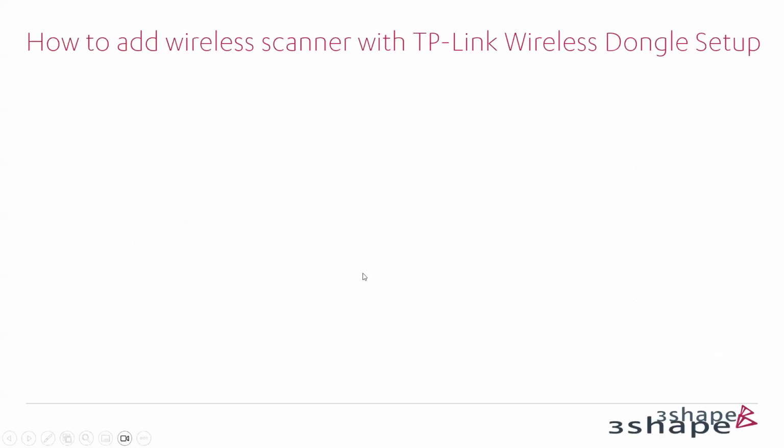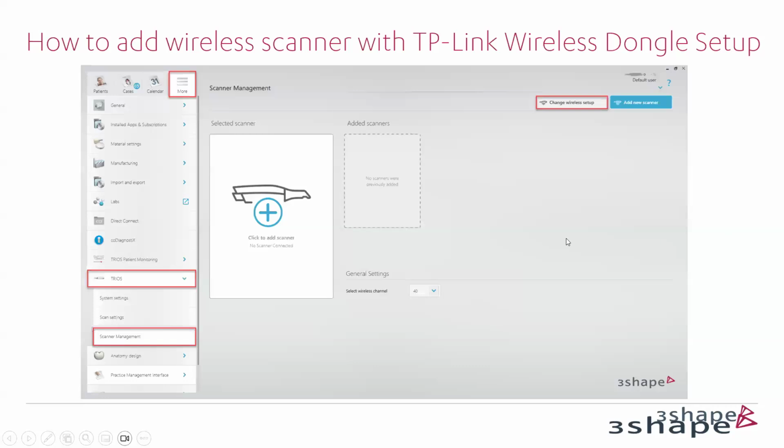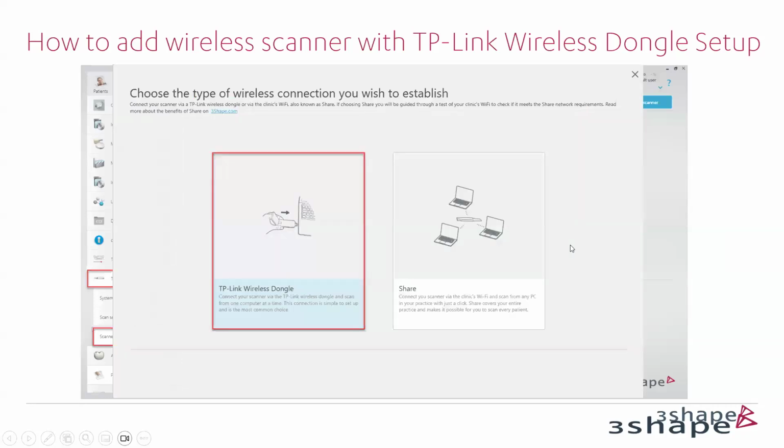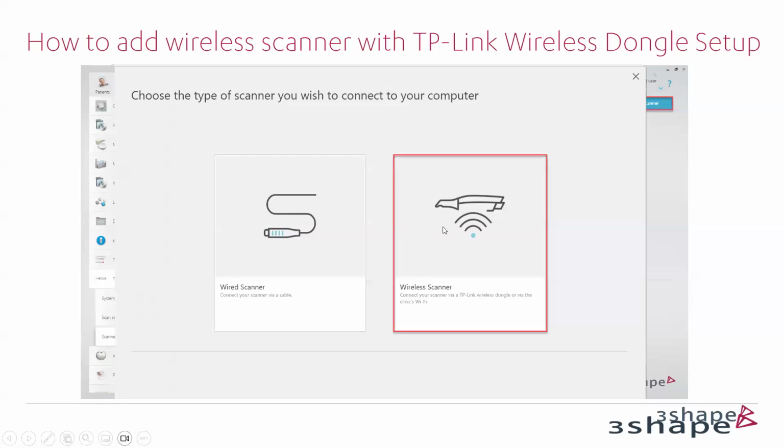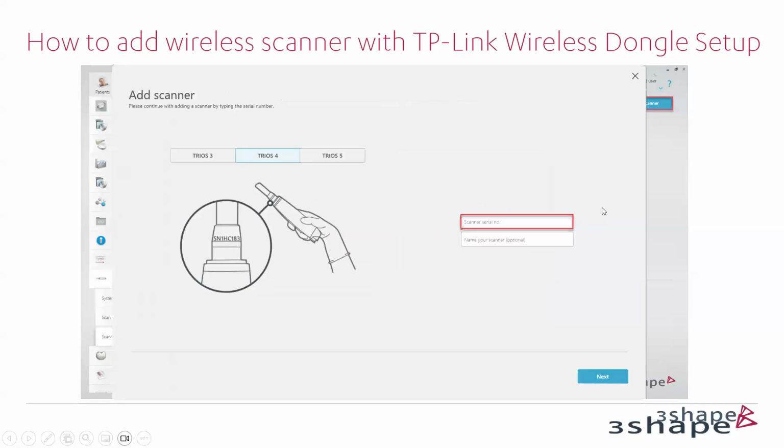This is how to add the wireless scanner with the TP-Link wireless dongle setup. We press Add New Scanner, then we select the TP-Link wireless dongle. Then we select the Add New Scanner option here and proceed with the wireless scanner option. For example, if we have a Trios 4 scanner, we type the scanner serial number.